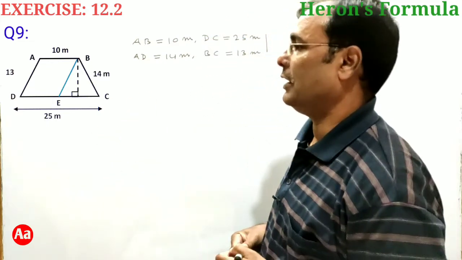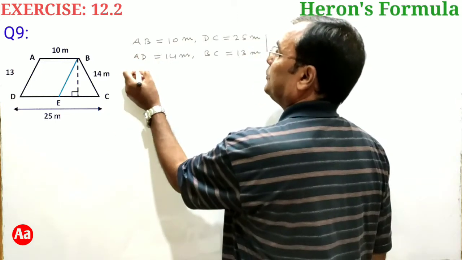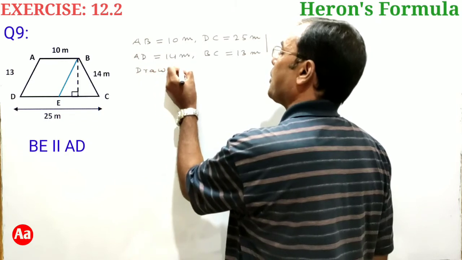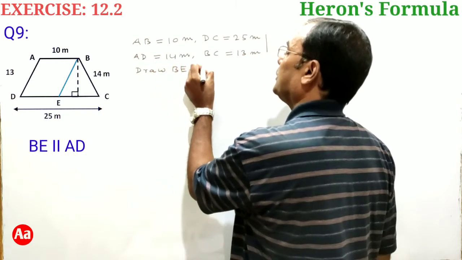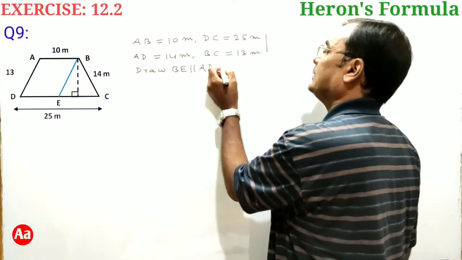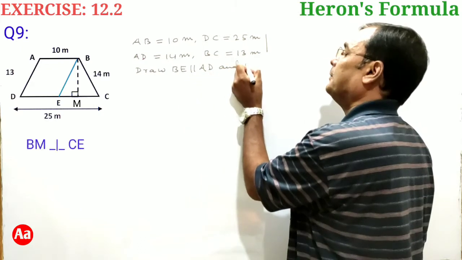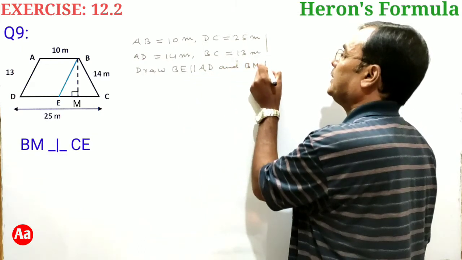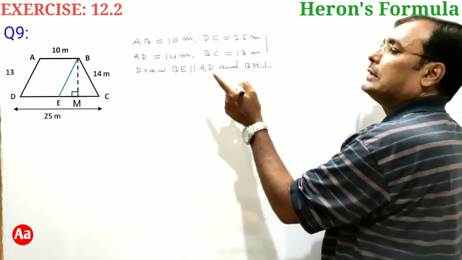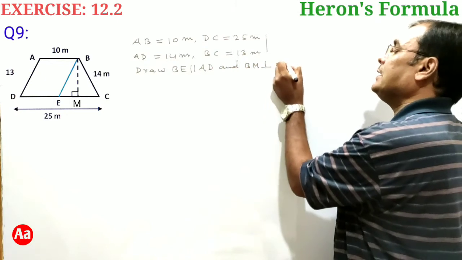First, let us draw BE parallel to AD, and also draw BM perpendicular to CD, or we can write perpendicular to CE.